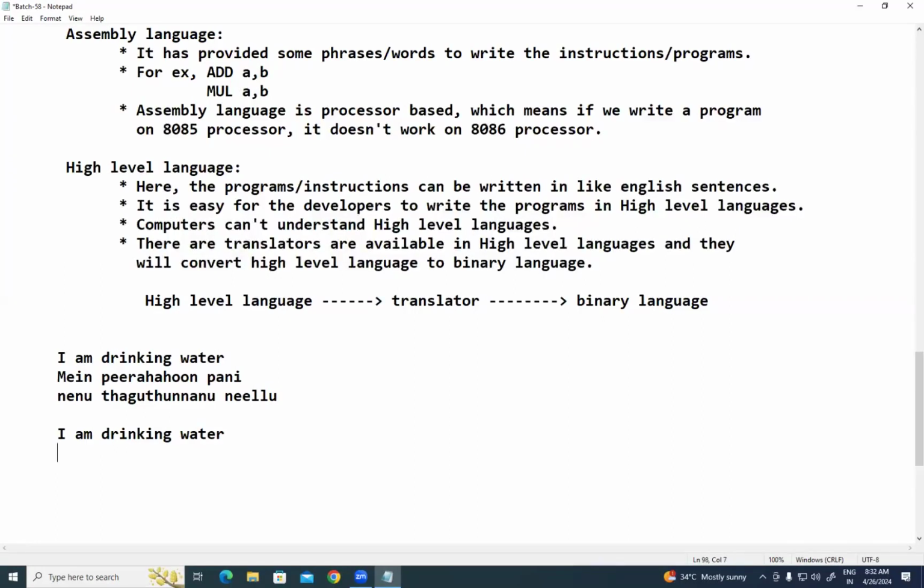But what about Hindi? मैं पानी पी रहा हूँ. In Telugu, నేను నీళ్లు తాగుతున్నాను. Folks, these are the correct statements, right? Online folks, is this clear for you first of all?